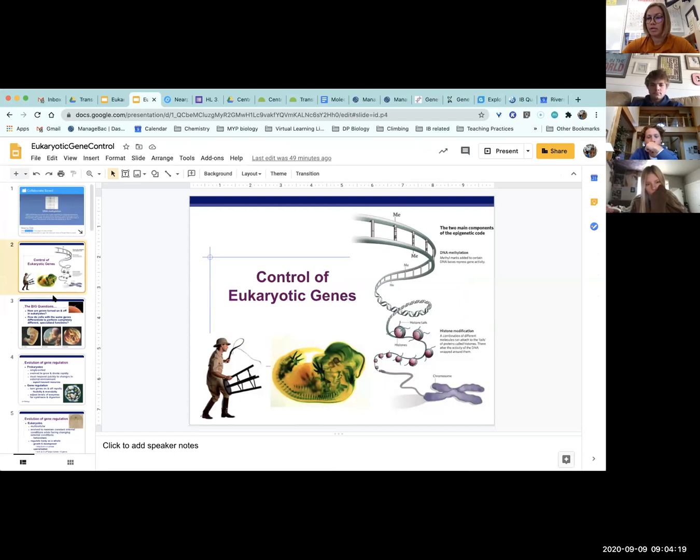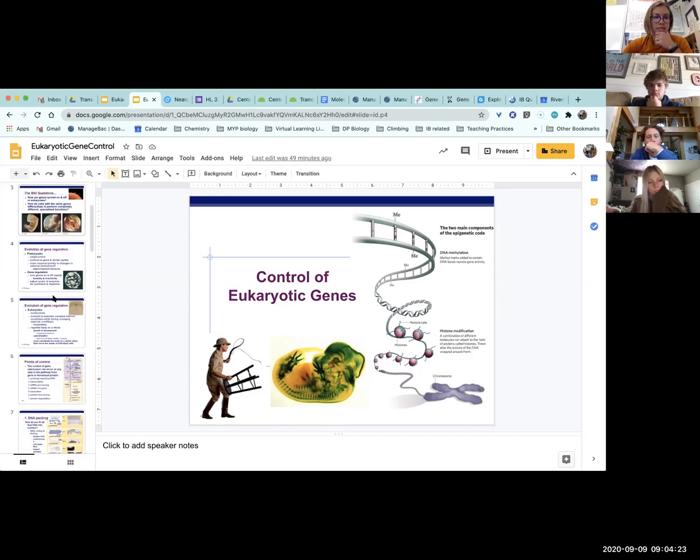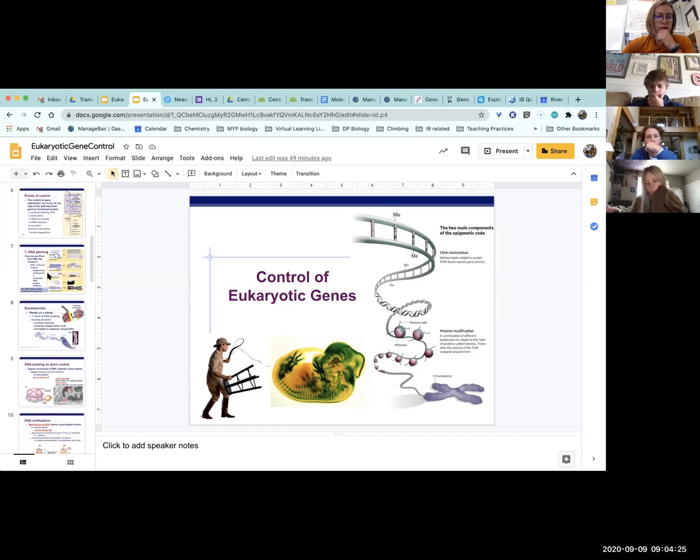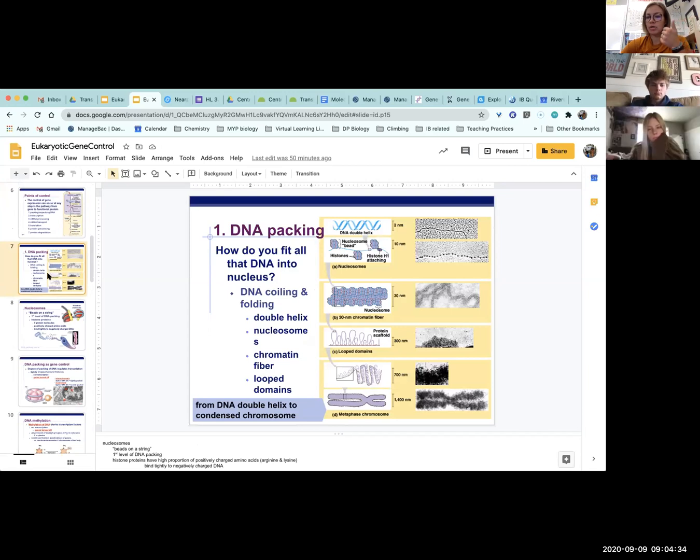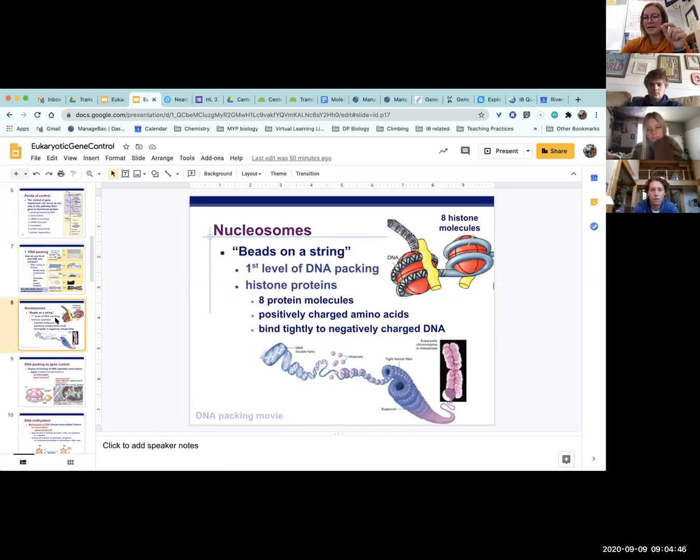There are many ways that we control gene expression, right? One of those is by DNA packaging. Oh, Jacoby just left. Okay, whatever. Bye, Jacoby.